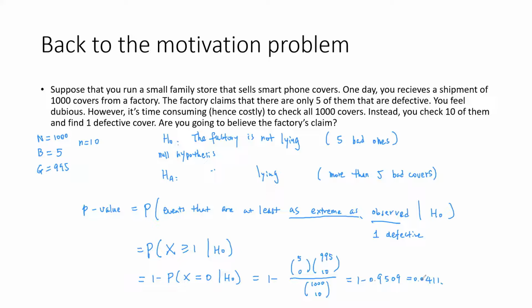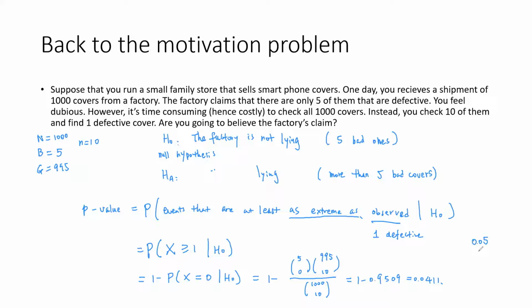Usually, there's a benchmark to determine that. In statistics, we call it the level of significance. It depends on you two people, you and the factory. Usually, you determine or you agree with a certain number. But in practice, people usually use 0.05 as the benchmark, the level of significance.